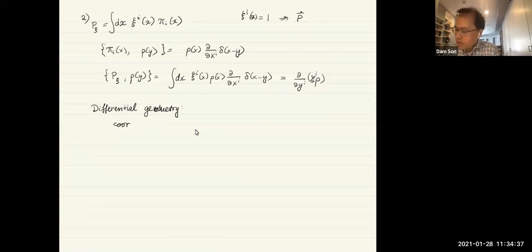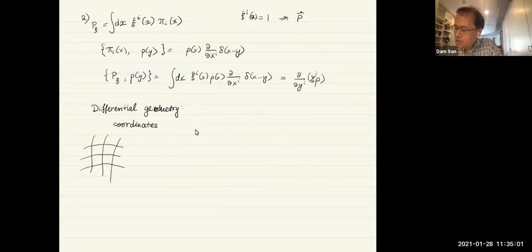We are dealing with a three-dimensional space, which for the purpose of this lecture can be taken as flat, but the coordinate system may be curvilinear.